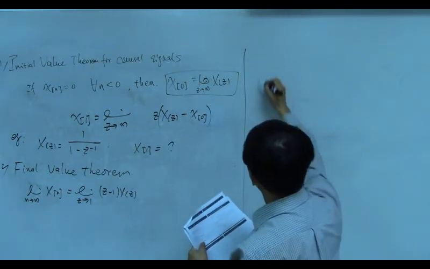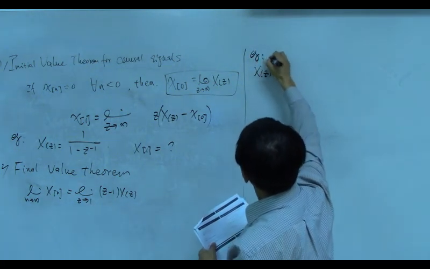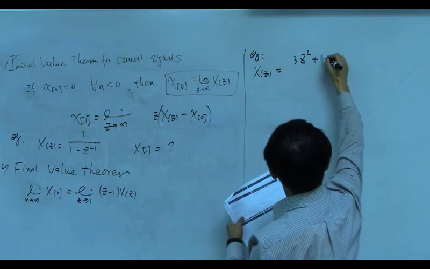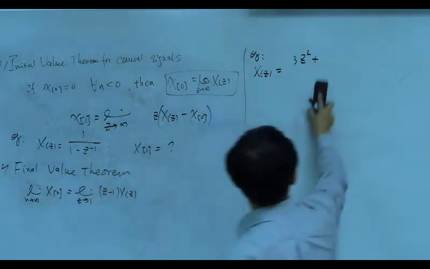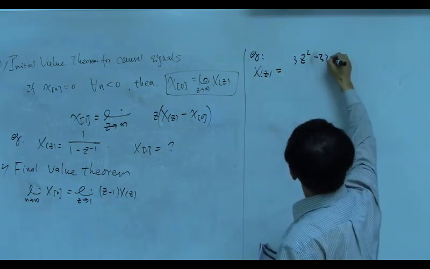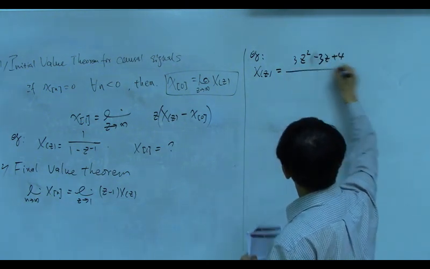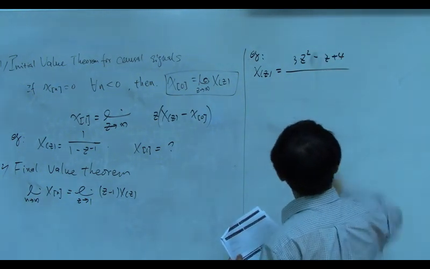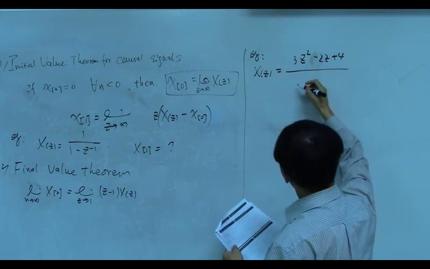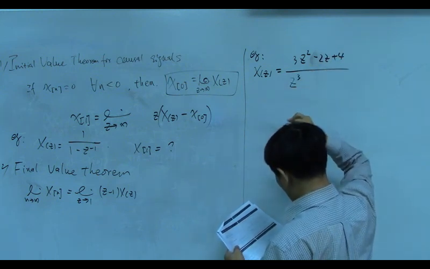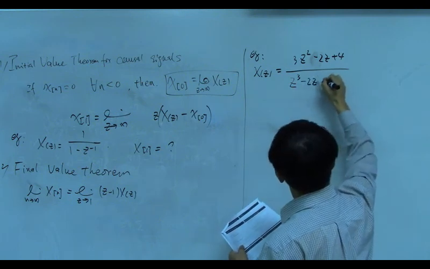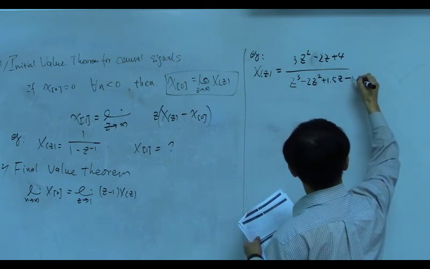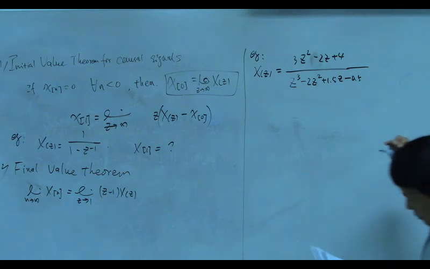Suppose xz equals 3z squared plus 4 minus 3z, 2z, divided by z cubed minus 2z squared plus 1.5z minus 1/2.